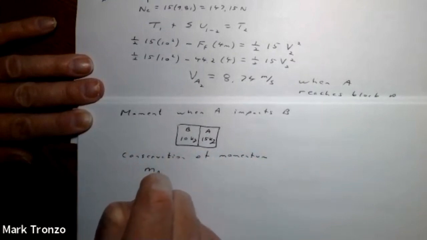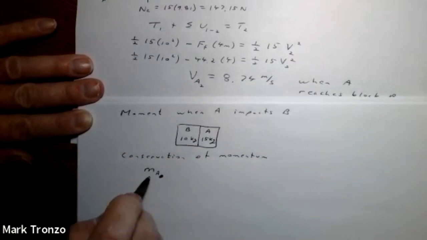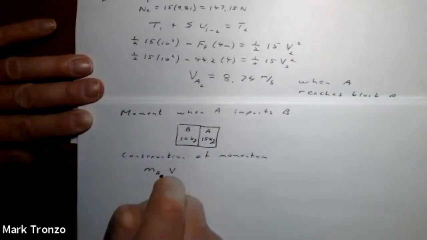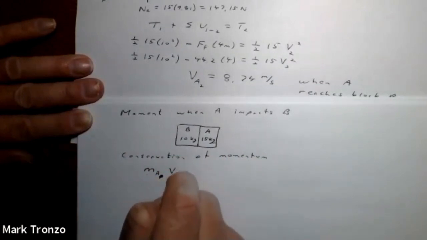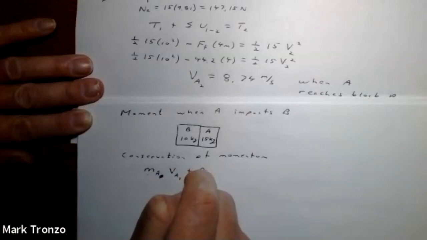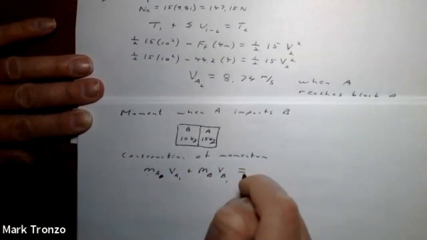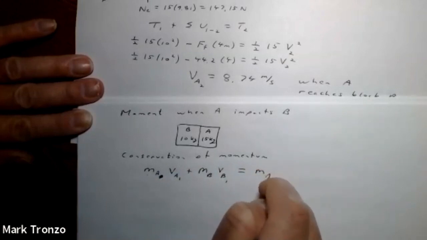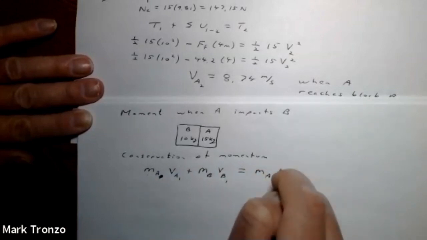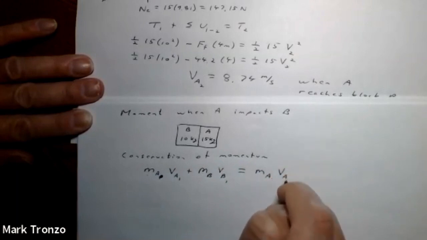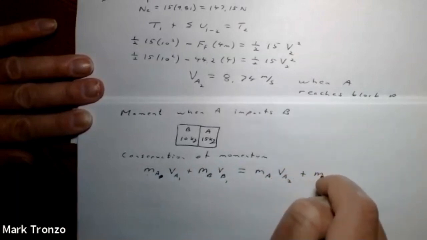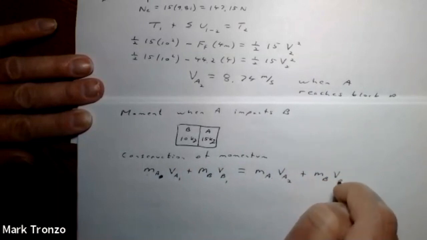I guess we don't really need numbers for the mass, since they're not going to change. So I'll just call it mass of A, and then the velocity of A before impact, velocity of B before impact, velocity of A after impact, velocity of B after impact.